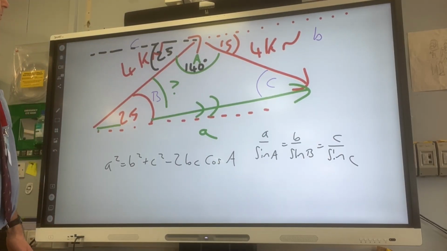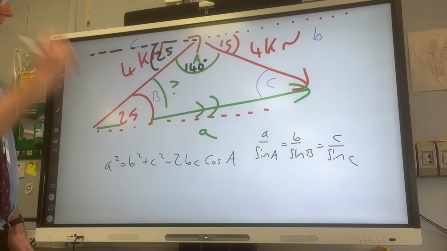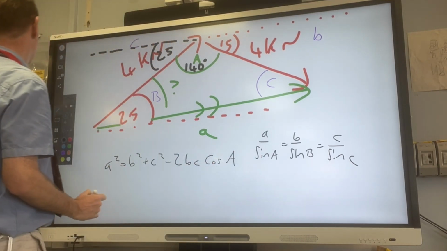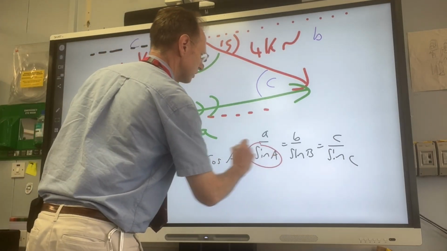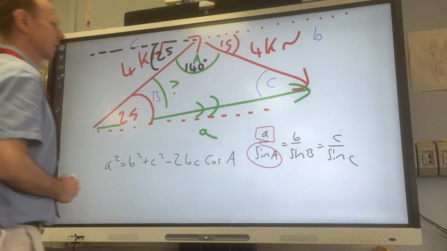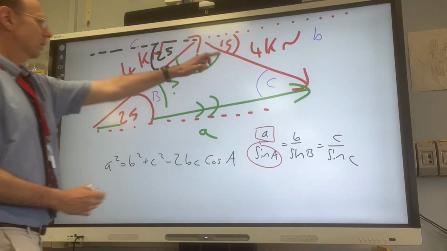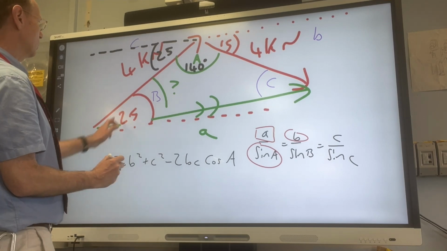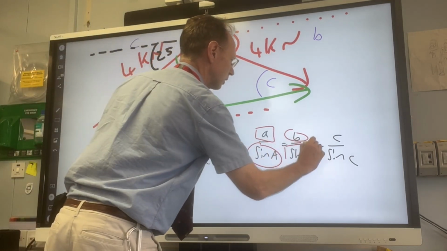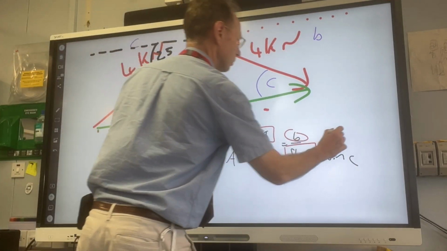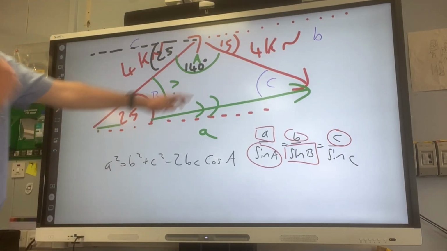Now, let's draw a circle around the things we know. You know this. We want to know this. I'll put a square around that. We know B. We don't know this one. We don't know C, but we know this. We don't really care about this angle.